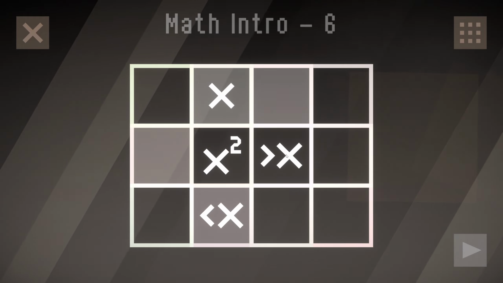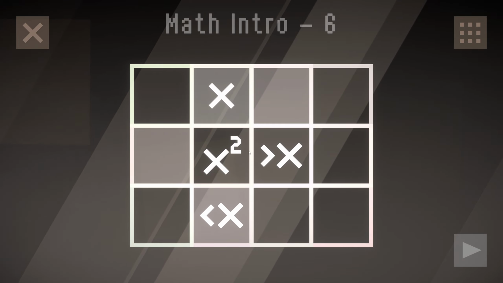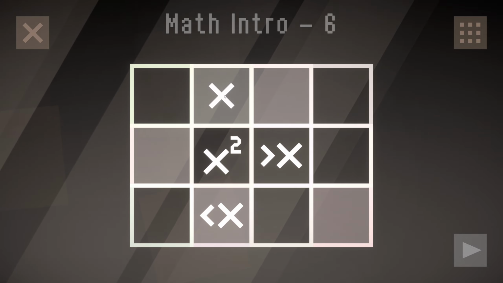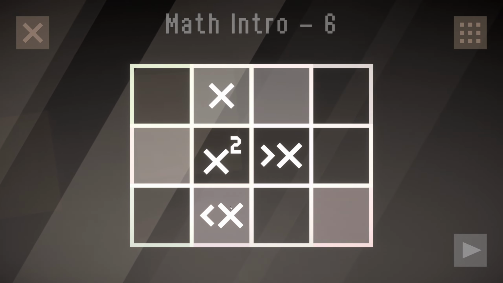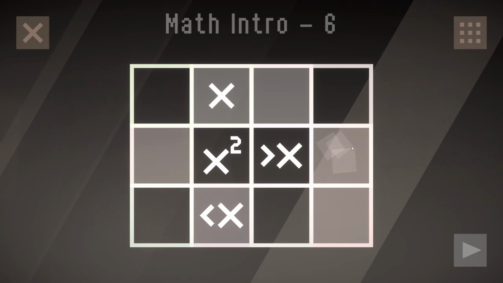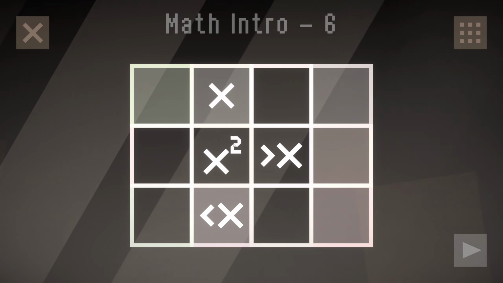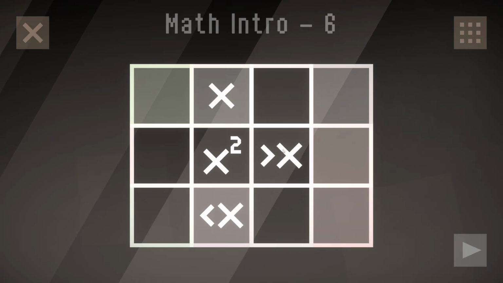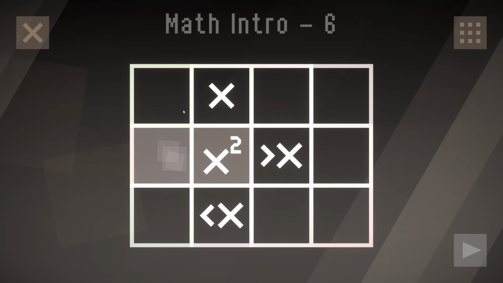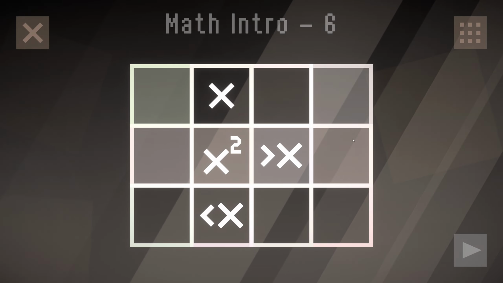And more than X is going to exist in the same place as X squared, which will be 4, I think. 2, 1, 5... X squared is currently 6. X is 2. 2 squared is 4.